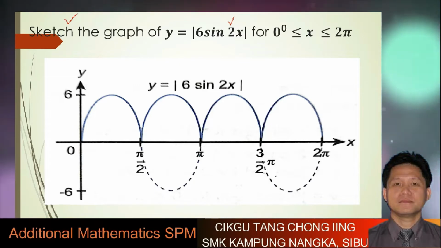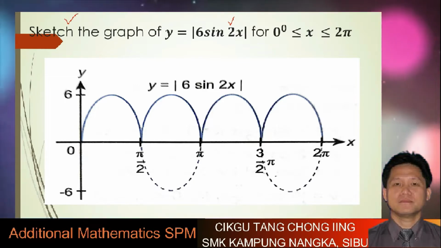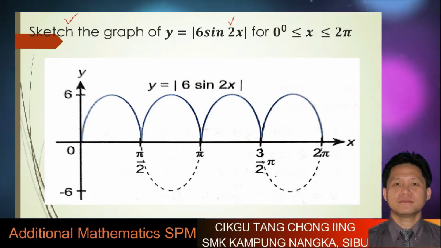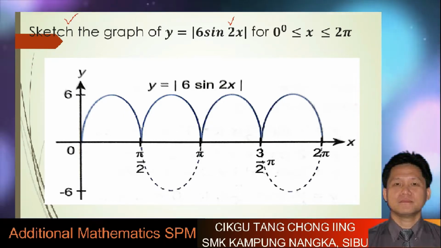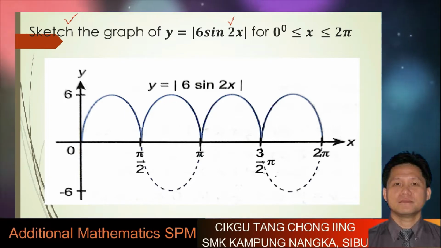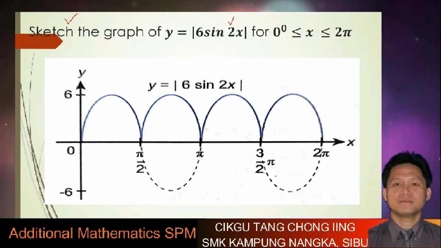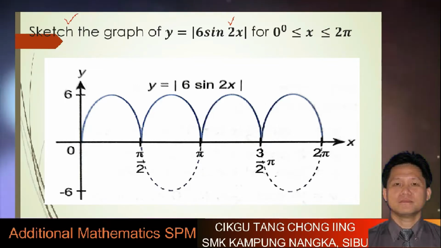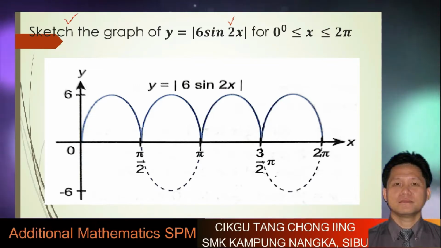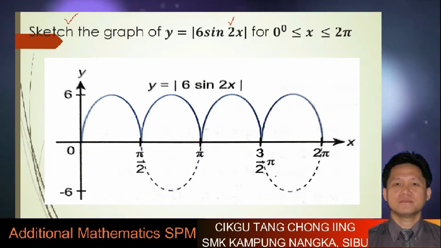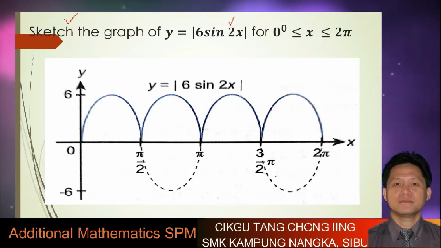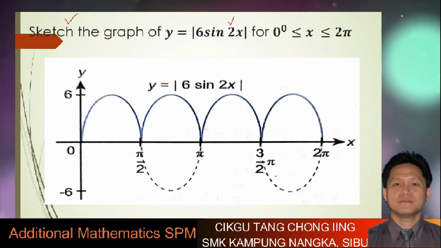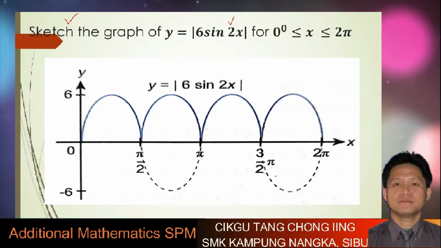So 2 means the graph of sine will have to repeat twice, right? 2 times. So if we only have y equals sine 2x, then we will have 2 times the shape of the sine graph, 1 and then 2 within the 2 pi radians.